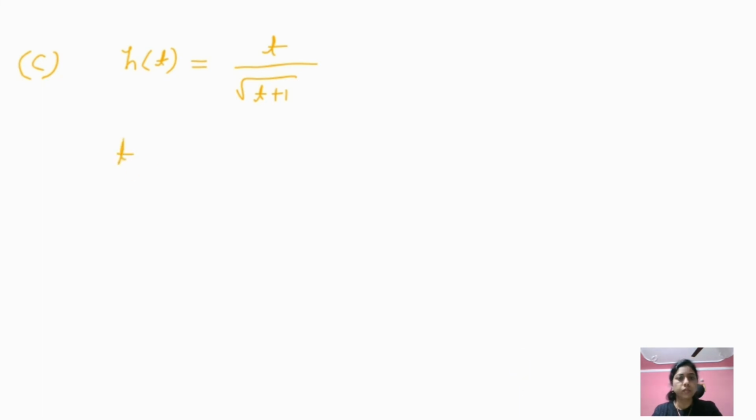So here t plus 1 must be more than 0, because t plus 1 can't be 0, so we can't write the equal to sign, only positive numbers. So t greater than minus 1. It means we can put t values more than minus 1.